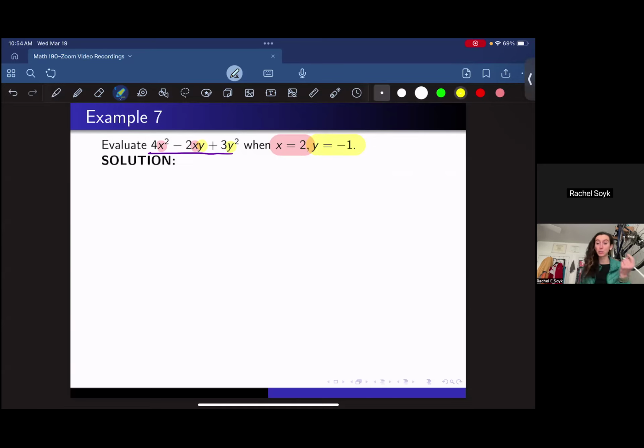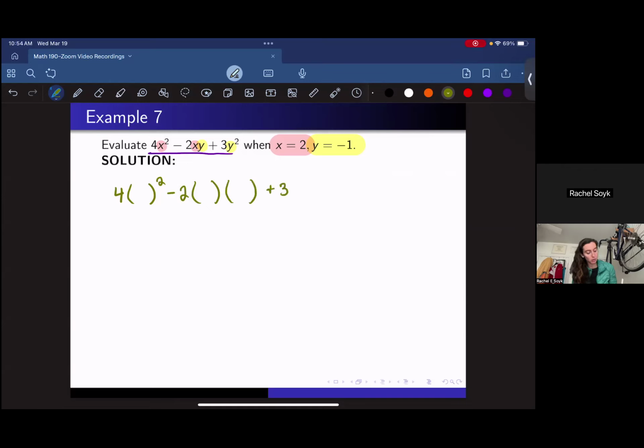I always like to do parentheses first, just so I don't miss any negative or positive when I square the values. So I'm going to have 4 in parentheses squared, 2 in parentheses, and another in parentheses, plus 3 in parentheses squared.